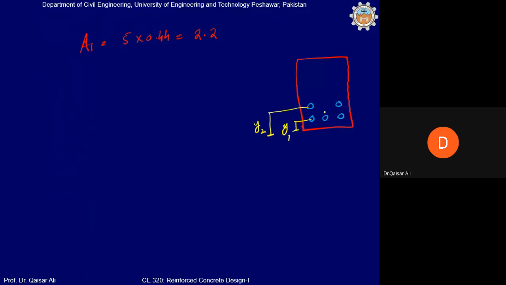Now, the distance of the centroid of reinforcement is denoted by dc, and I told you that the actual effective depth will be equal to h minus dc. But how to calculate dc? Because the bars provided in the first layer and second layer are different, reinforcement is different, so you can calculate the centroidal distance from Varignon's theorem.